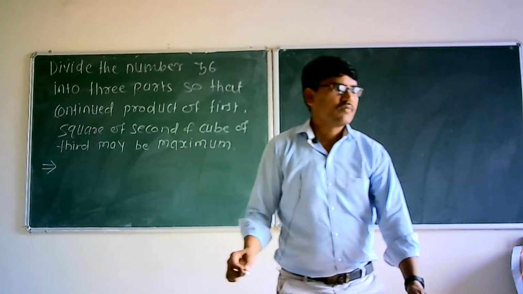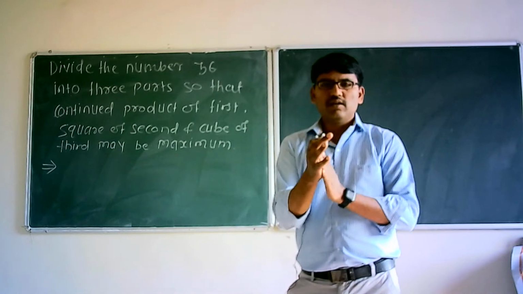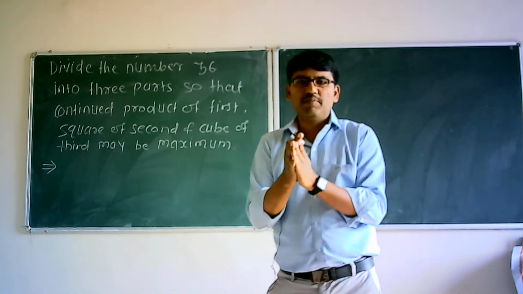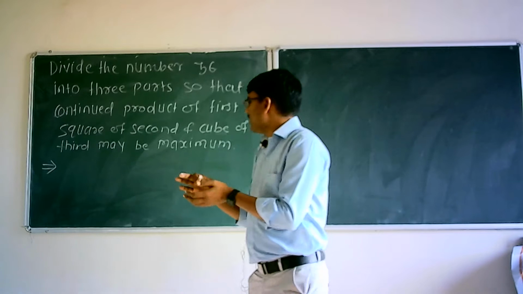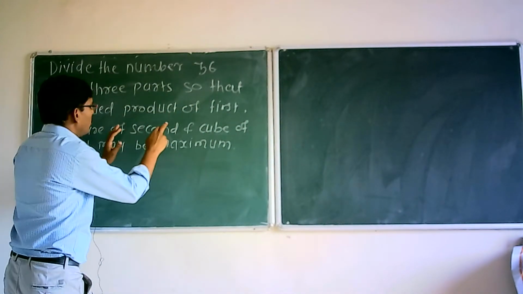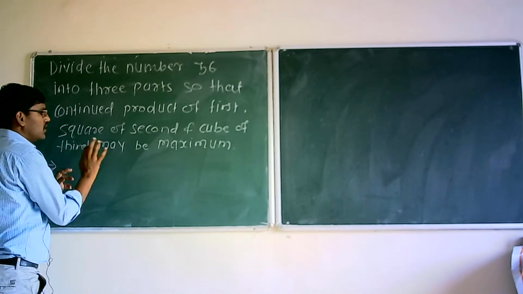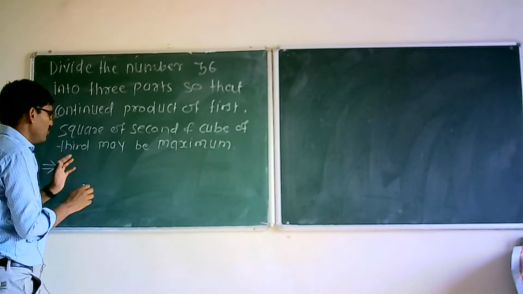Okay. So what do we want to do here? We want to divide the number 36 into 3 parts, but there is a condition, so that the continued product of the first, square of the second and cube of the third may be maximum. That is, we want to maximize.